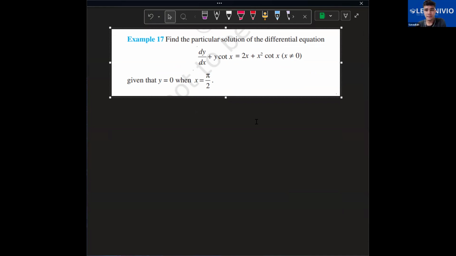Do this question. dy by dx plus y cot x is equals to 2x plus x square cot x. You must know the integration of cot x. Then only you can find your integrating factor.